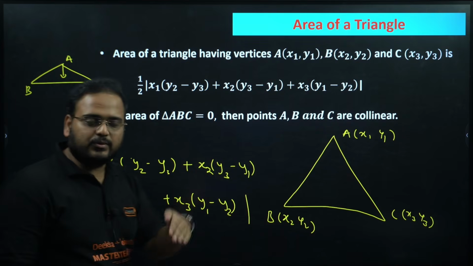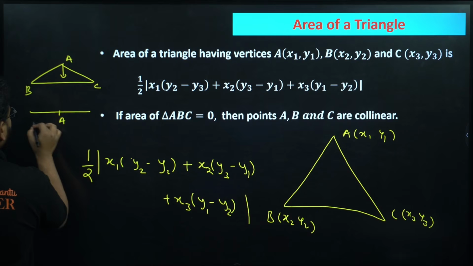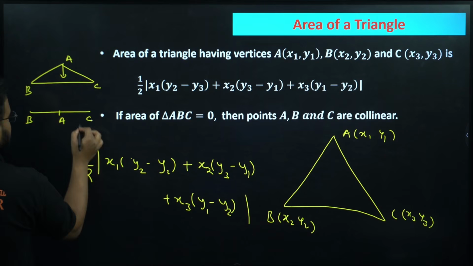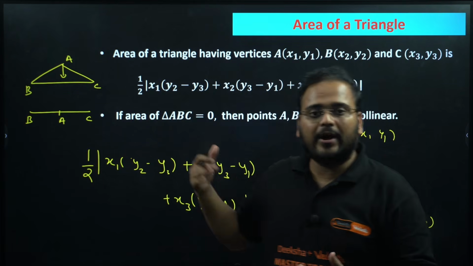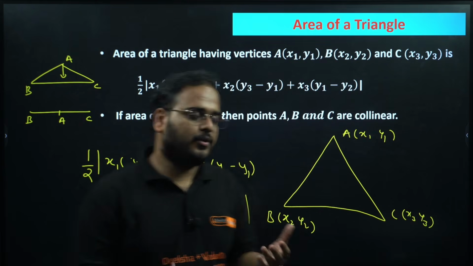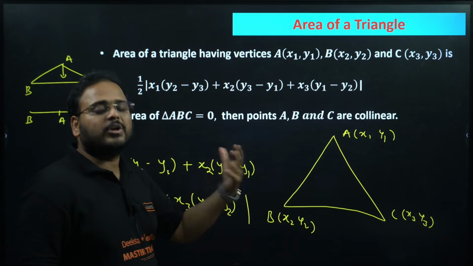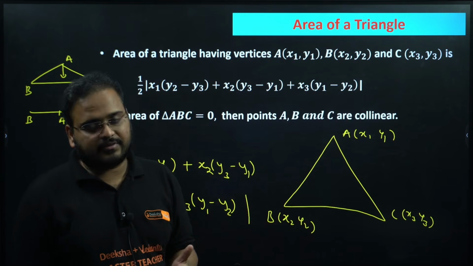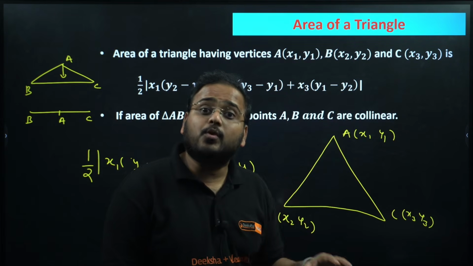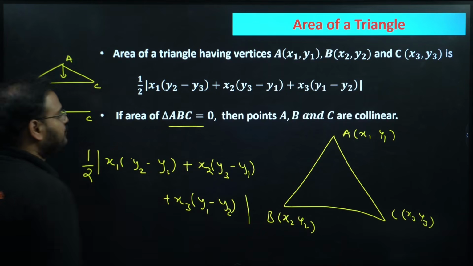It means area is reducing, and there comes an instant when the point A lies exactly on the line BC. Then the points ABC become collinear. So when ABC become collinear, what happens to the area of the triangle? It's not a 2D shape anymore. It is a straight line. For any straight line, a one-dimensional shape, there is no area. That's why area becomes 0.